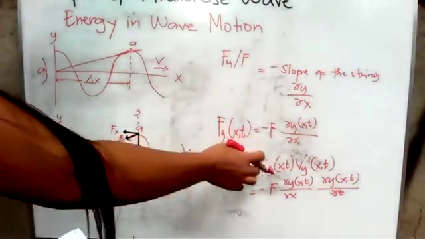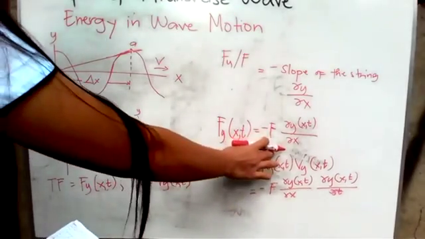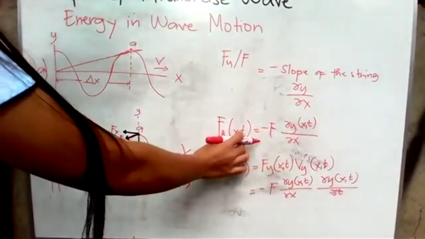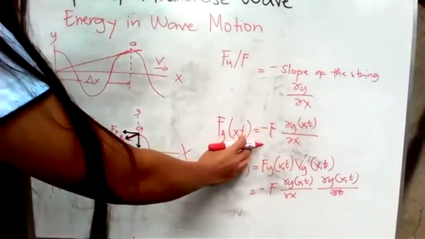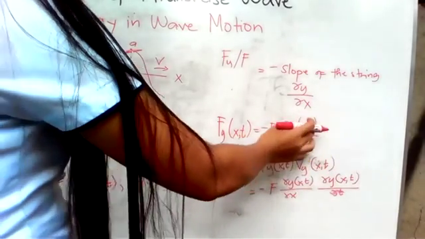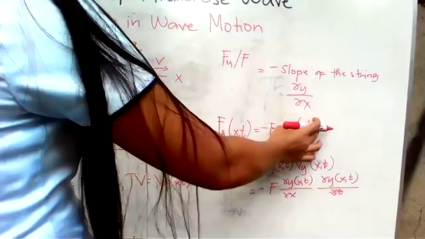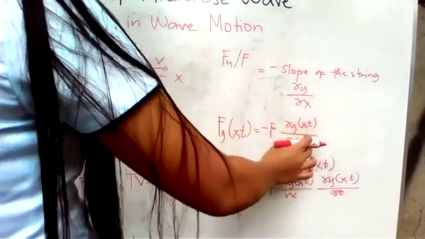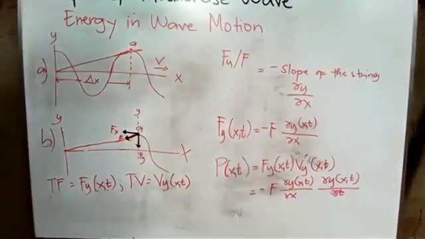Put together, we have Fy as a function of x and t equal to negative F times the partial derivative of y as a function of x and t with respect to x.